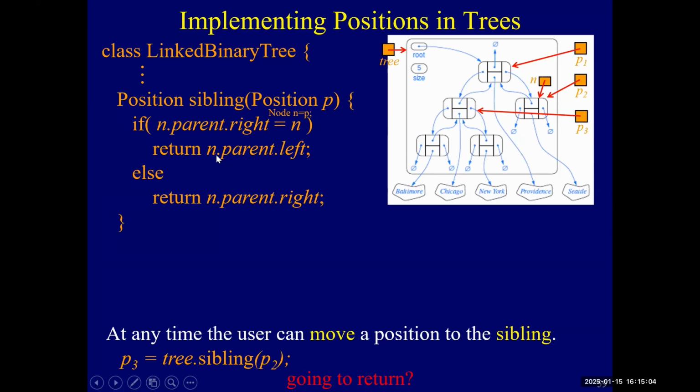So who am I going to return? I'm going to return N dot parent dot left, right? And if it's not me, that means I'm over here, so I return N dot parent dot right. Right? Does that make sense?